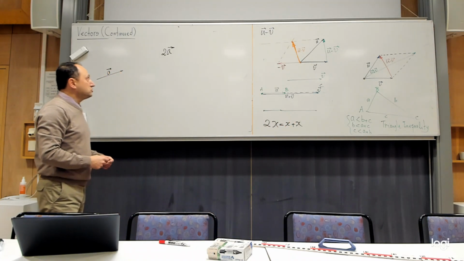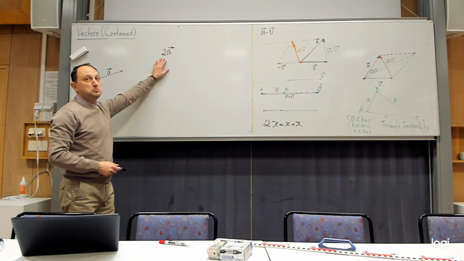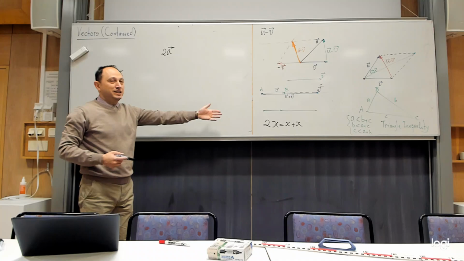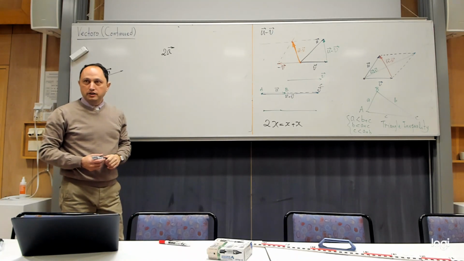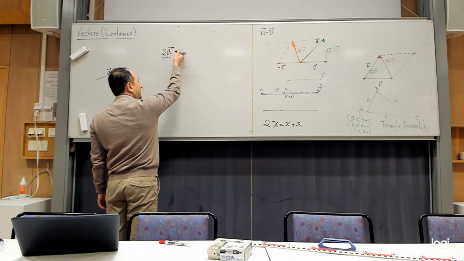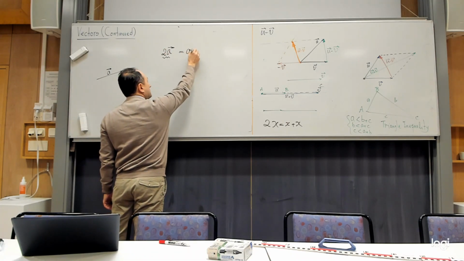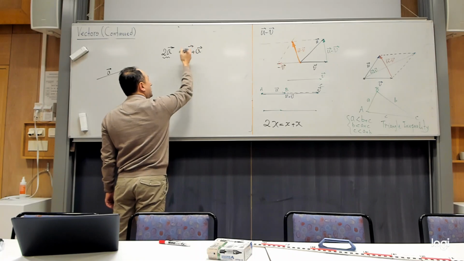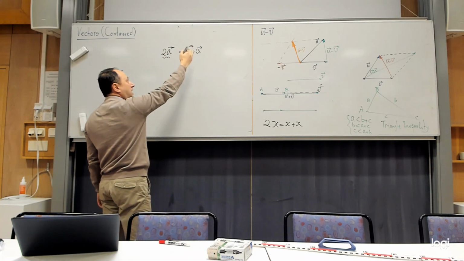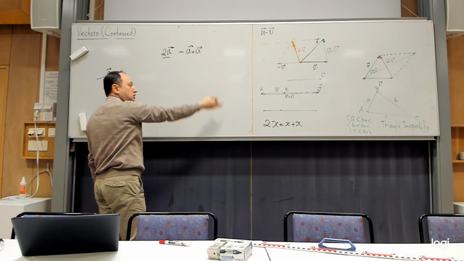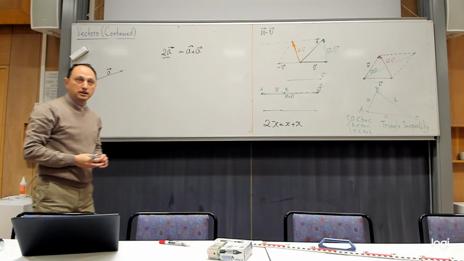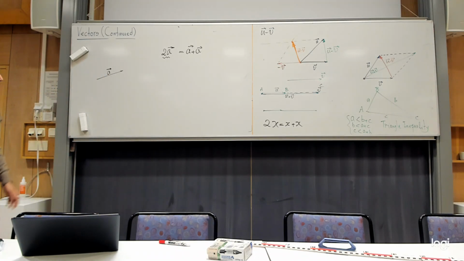So if I want to give a meaning to the symbol 2 times a vector A, I prefer to keep the algebra as before. It means I want to define it in a way that the answer becomes A plus A. Because if I define it so that this becomes equal to this, I do not need to be worried about new algebra. The new algebra follows the old algebra. So that's a good motivation.